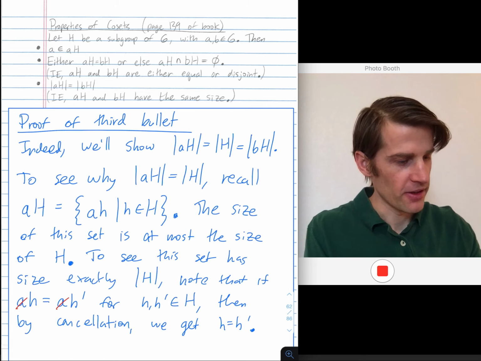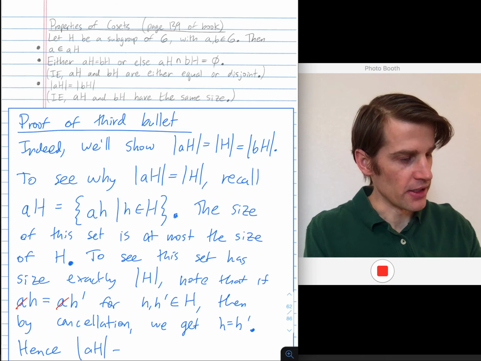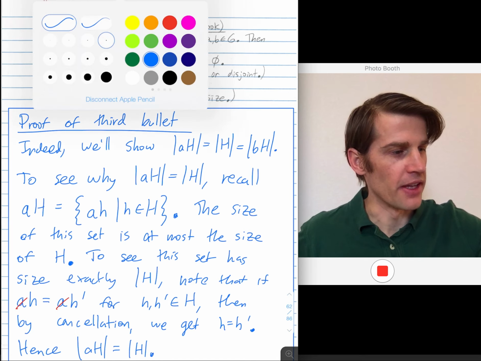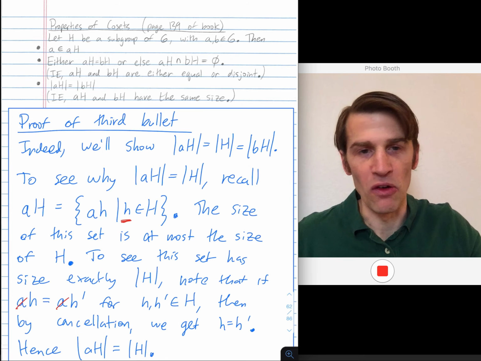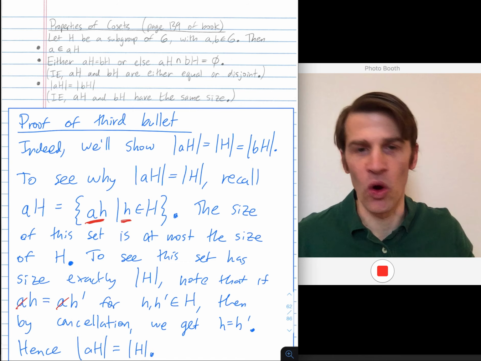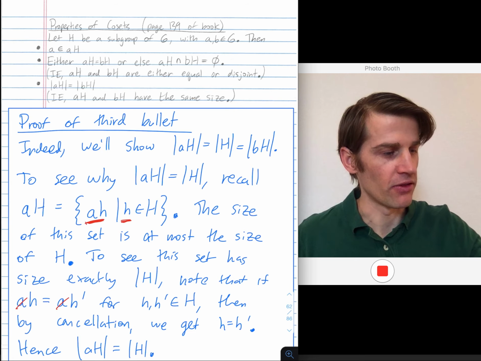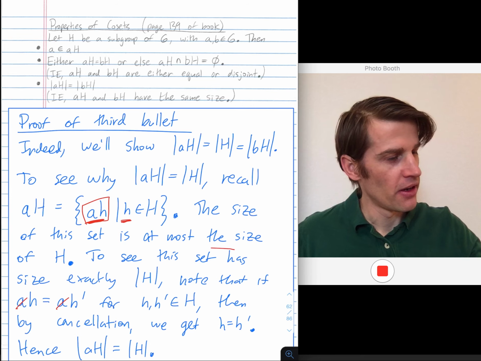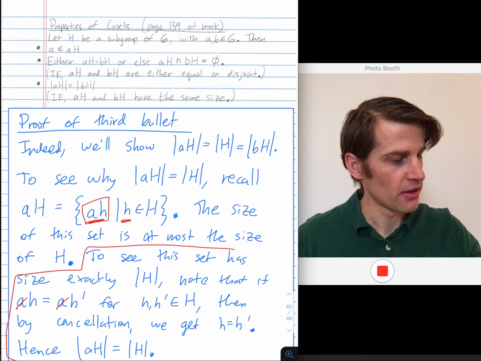Hence the size of AH is equal to the size of H. What we've shown is that as we vary h over all elements of the subgroup, we get, of course, at most the size of H different outputs for A times h. And furthermore, this argument shows that we get exactly that many different outputs.